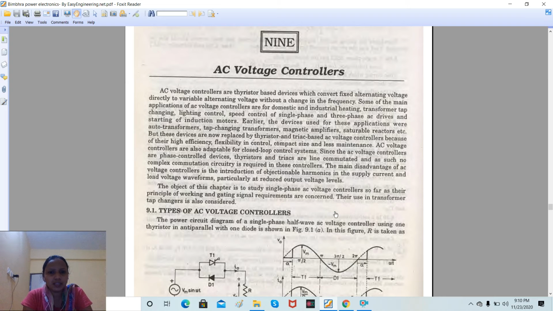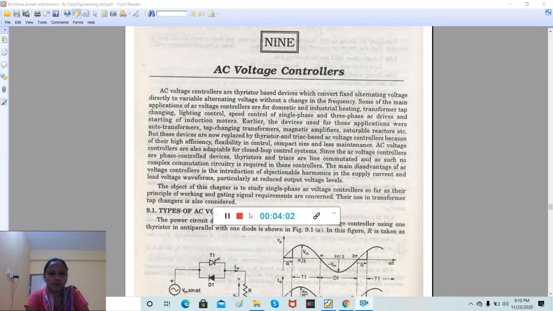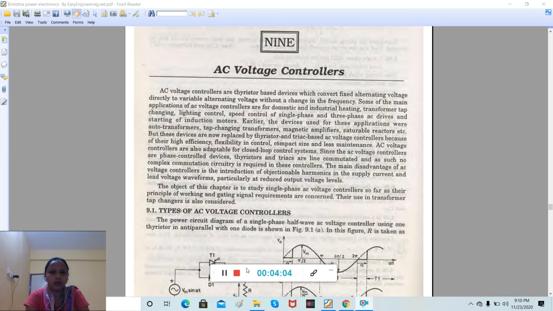The main disadvantage of the AC voltage controller is the introduction of objectionable harmonics in the supply current and load voltage waveforms. Clear?